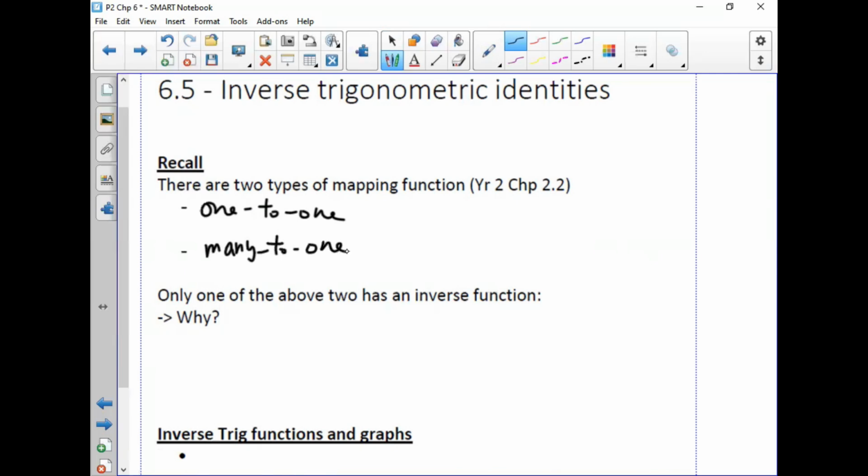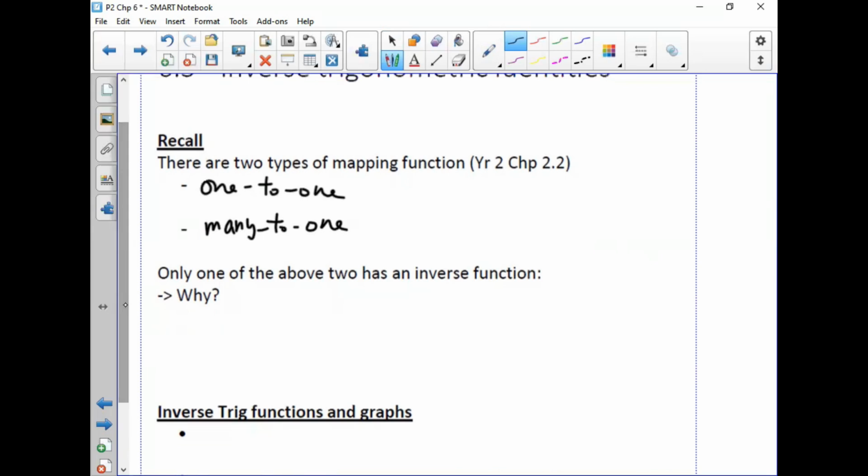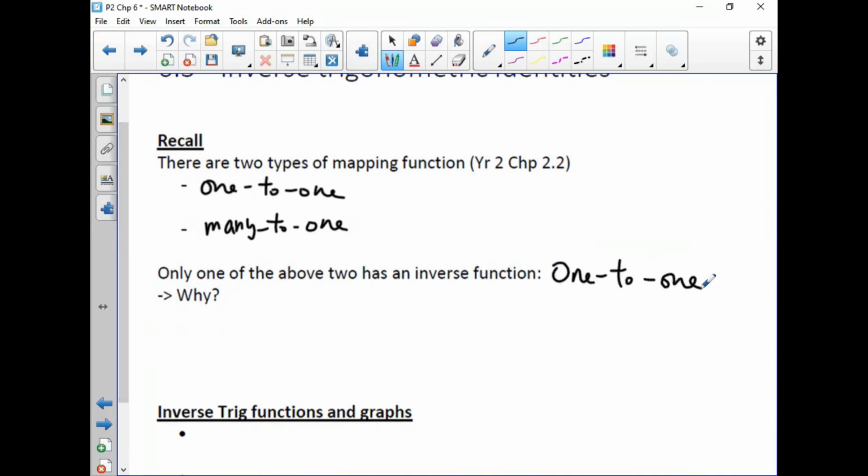Only one of these two has an inverse function. Do you know which one? The answer is one-to-one. Only one-to-one has an inverse.